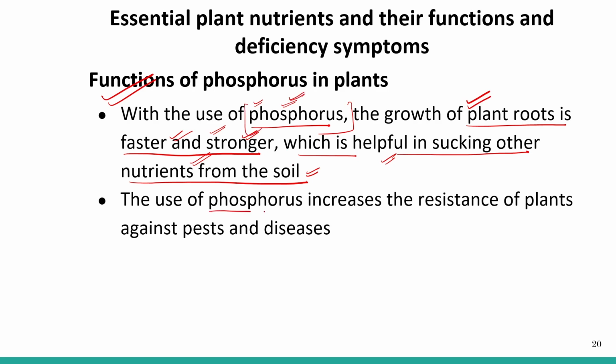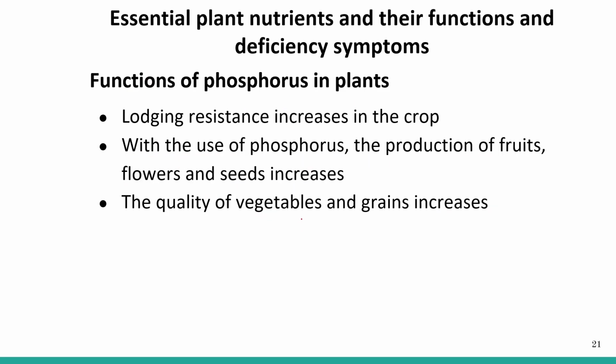The use of phosphorus increases the resistance of plants against pests and diseases. So phosphorus is not only for the growth of the root, but it is also required for resistance against many pests and diseases.